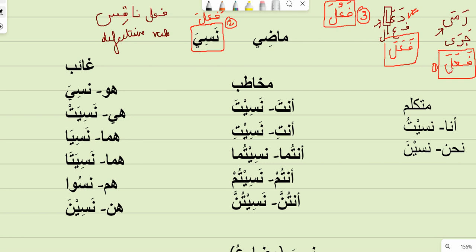So these are the three scales. Usually the fail madi triliteral verbs, or I can say those verbs which have three letters in them, are called triliteral verbs. These triliteral verbs, or three letter fail madi verbs, follow these three scales: fa'ala, fa'ila and fa'ula.